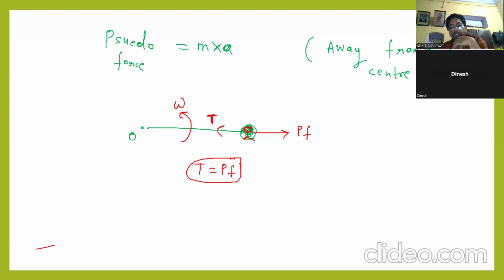Or we can say, in place of this stone, there is a car. That car should not skid. Then the centrifugal force must be equal to the friction. Is it okay? Or if you want to apply it, it should be T minus the pseudo force equals mass of the system, that is you, or anything you want to see the effect on.